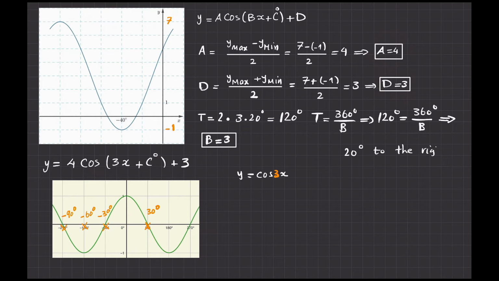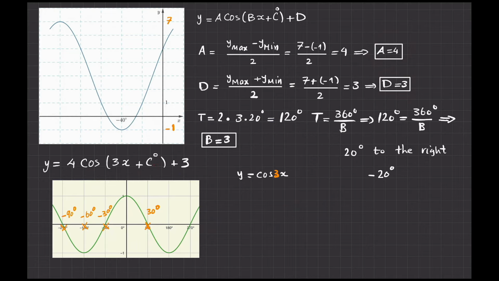20 degrees to the right is the shift, so it means that I have to write it as minus 20 degrees because the shift to the right corresponds to negative values. Okay, this is the observation shift that I make by comparing graphs. But what is the theoretical shift? This is not c degrees, be careful, because c is added to 3x.